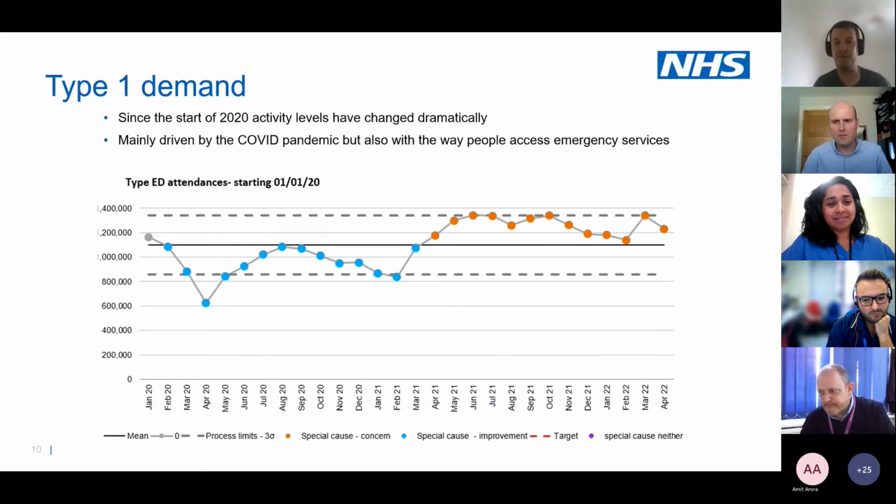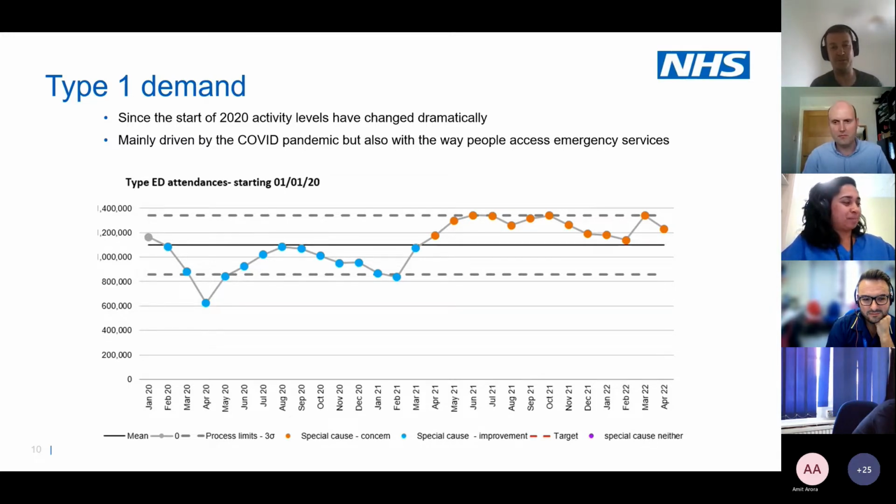For those interested, it's roughly 15.8 million people per year who attend a type 1 department. Cumulatively, an interesting stat for you, that's 85 million hours if you add up all of their time within the emergency department. 85 million hours is 9,800 years, which is absolutely bonkers if you think like that.